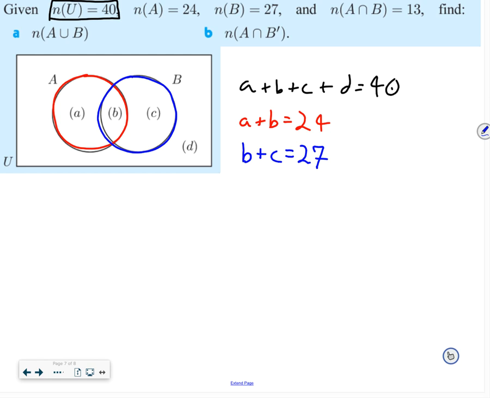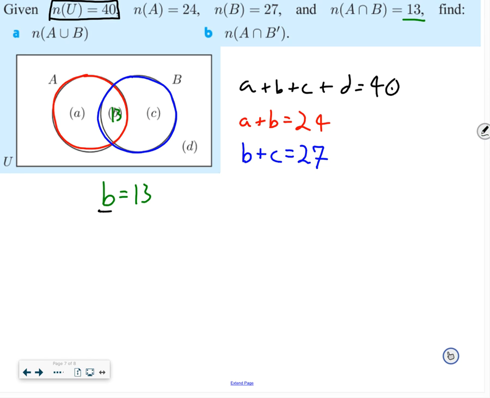The number of elements in the intersection of A and B is 13. That's nice because that gives us that B is equal to 13. Now from this we can backwards solve and see what the other elements are.